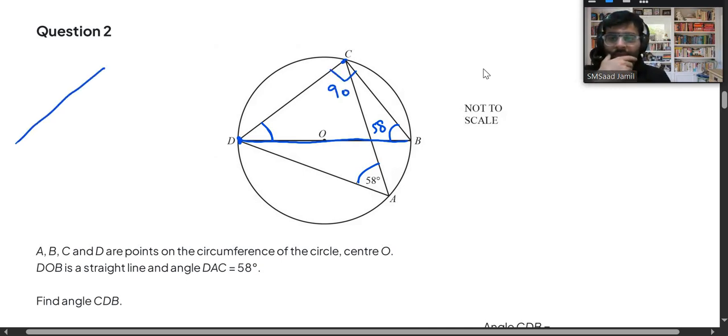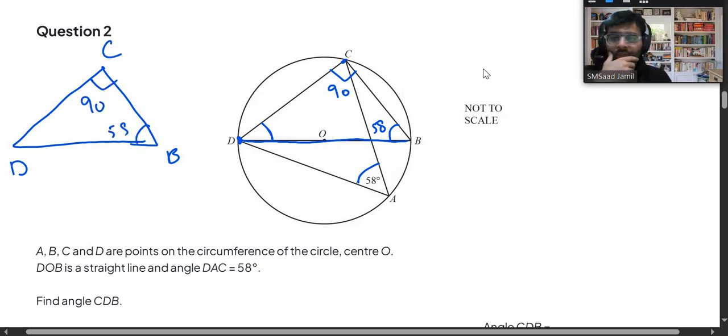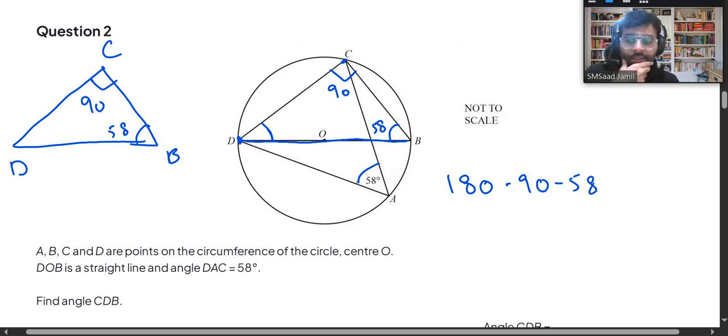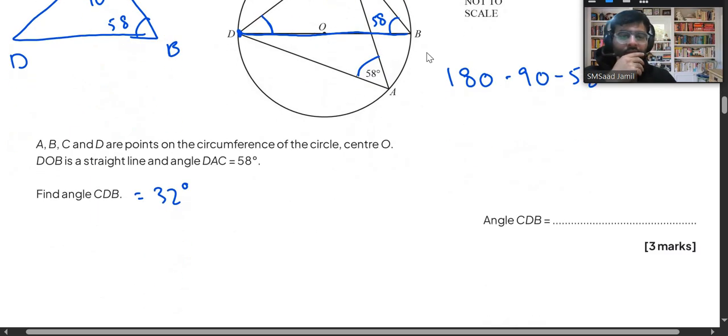Which means, if I make a separate triangle, it would be like this, DBC. This is 90, this is 58. Alright, so I will do 180 minus 90 minus 58, which means that angle CDB is going to be 32 degrees. So this angle is 32.